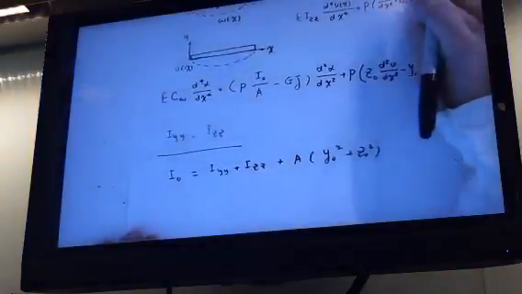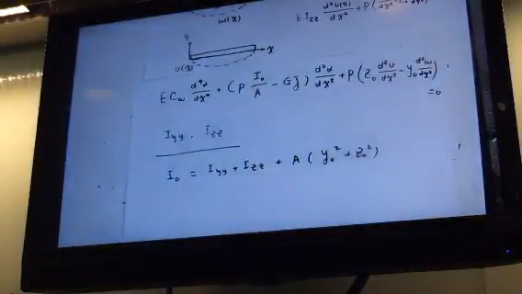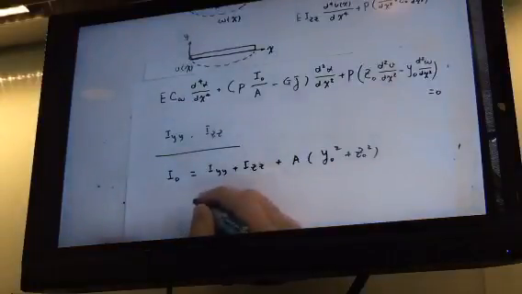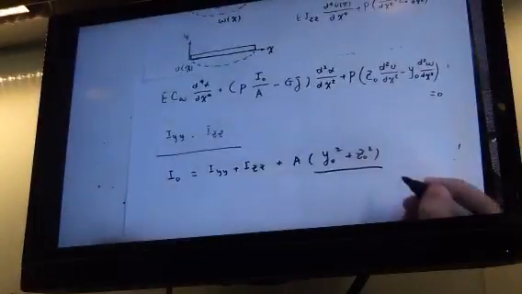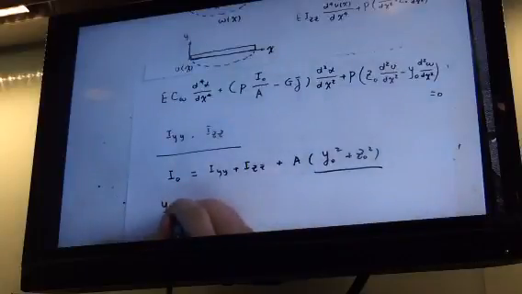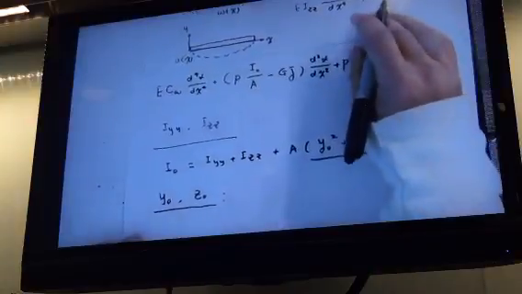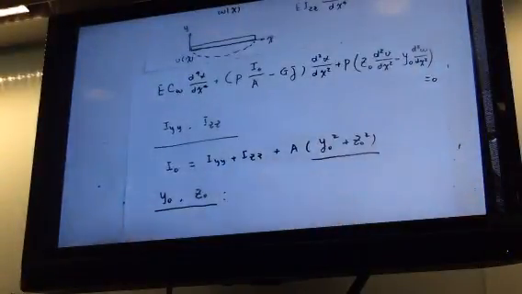A is the area of the cross section of the beam. And then we see there's y0 and z0. So what is y0, z0? Be careful with this definition. This is the distance between the centroid and the shear center.